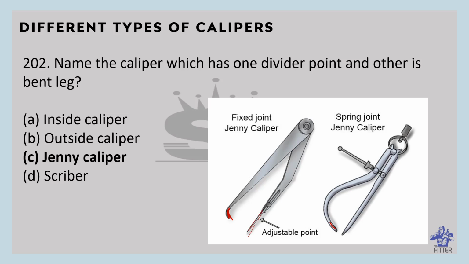The Jenny caliper is also called the odd leg caliper because of the bent leg shape. Another name is the hermaphrodite caliper. While measuring with a Jenny caliper, both legs should be placed parallel and at right angle to the workpiece.